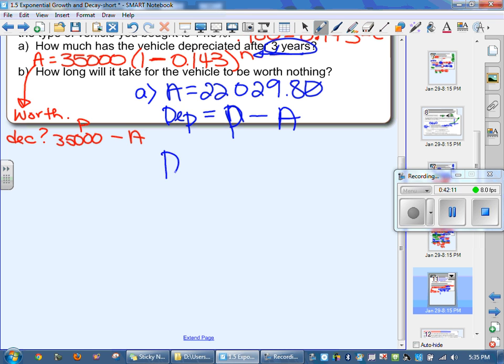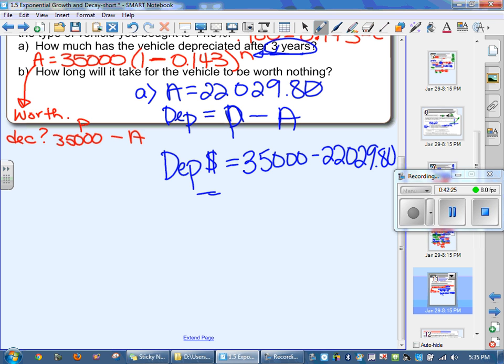When I subtract that, my vehicle after 3 years has depreciated $18,970.20. Okay? So it's only worth $22,000 because it's depreciated almost $19,000.